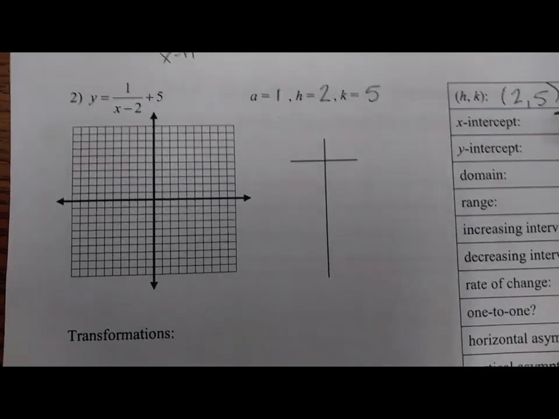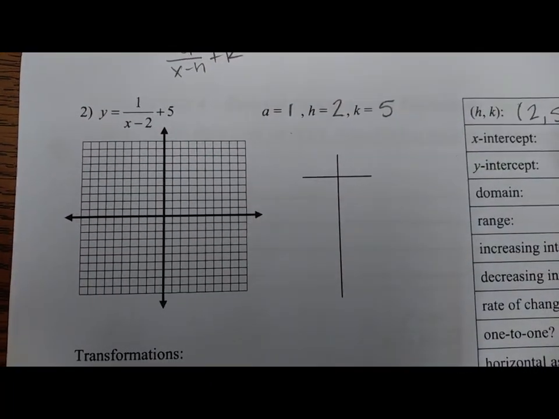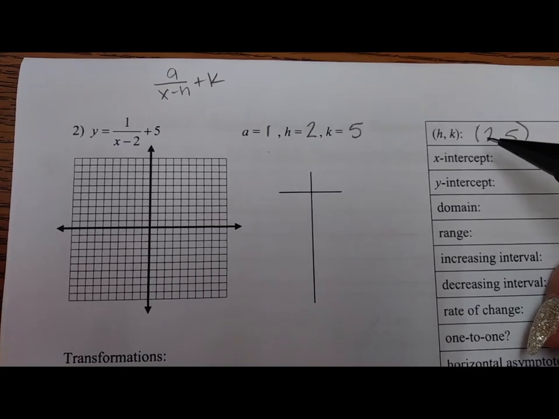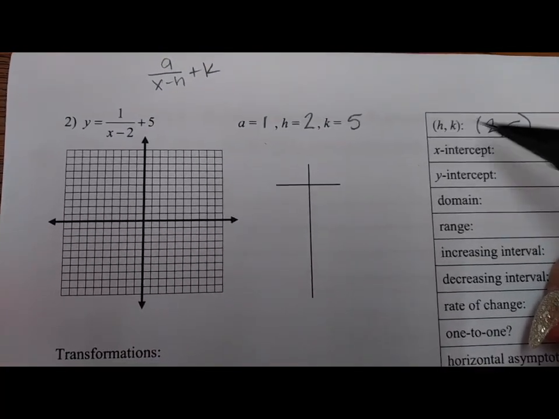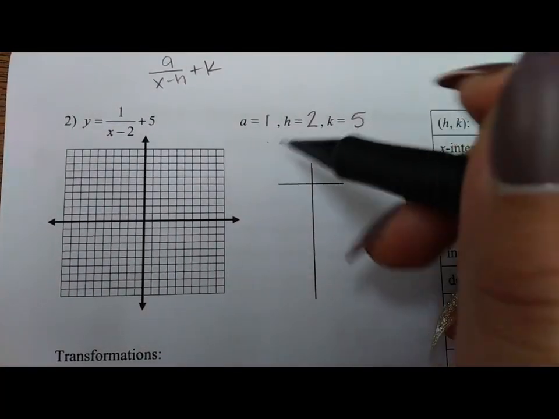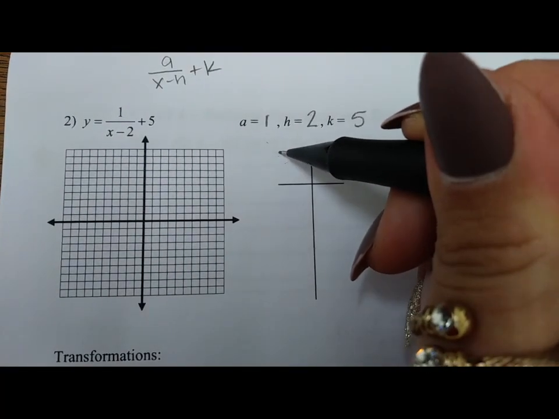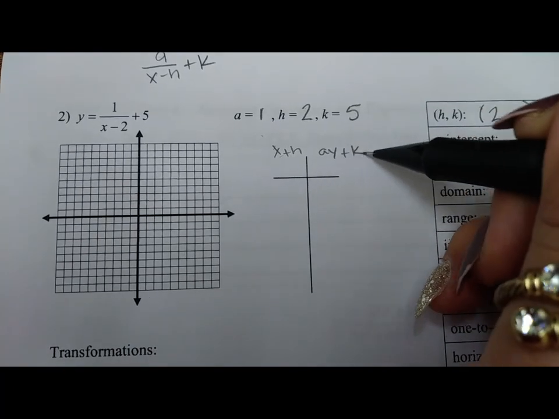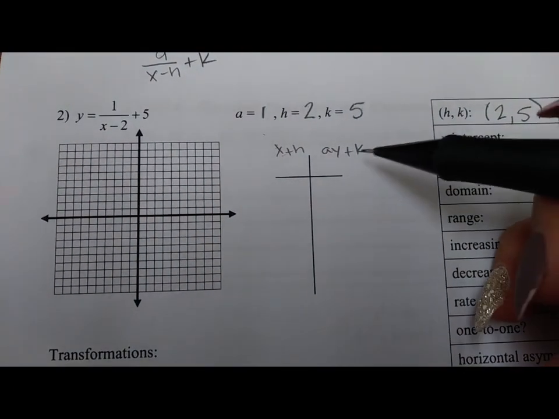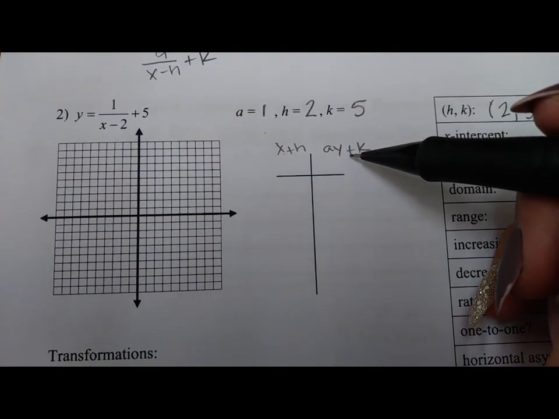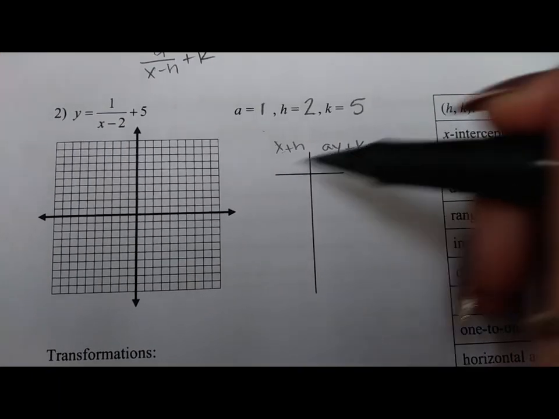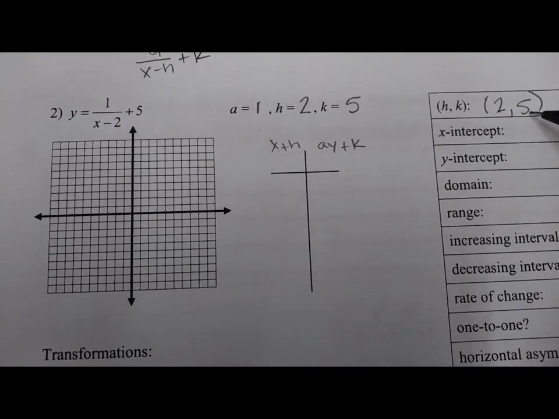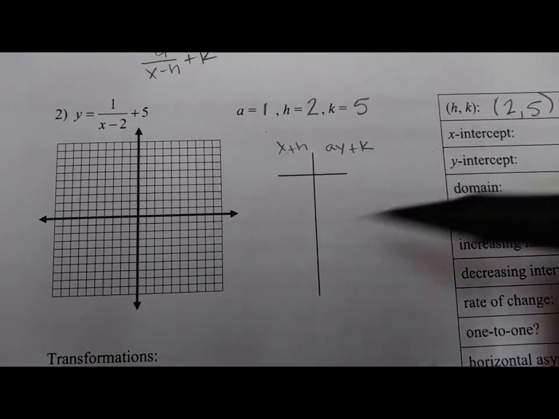points not to use. If you were to not mark your asymptotes and create your t-chart, x plus h, a y plus k, and have something that ends up on 2 or 5, then you wouldn't be able to use it.